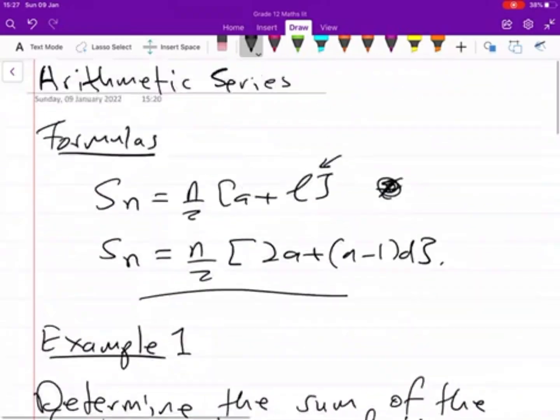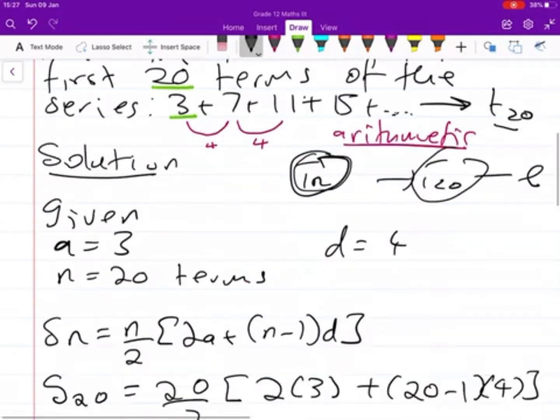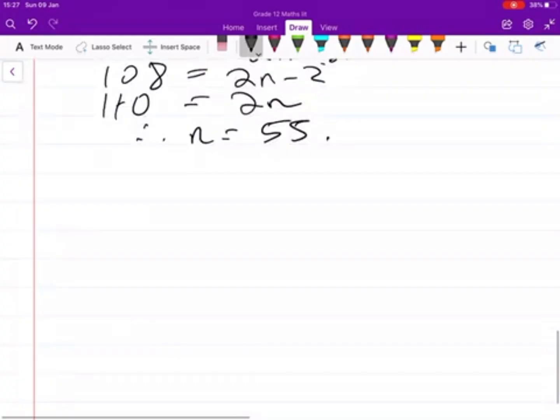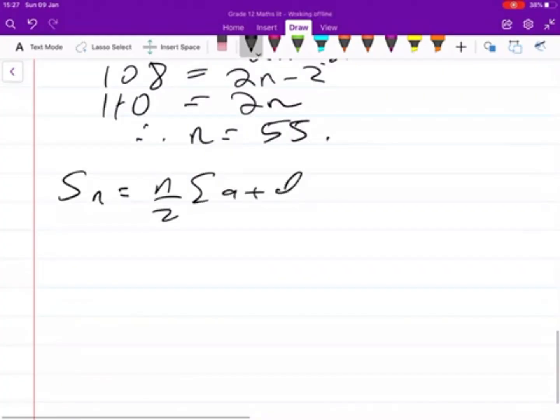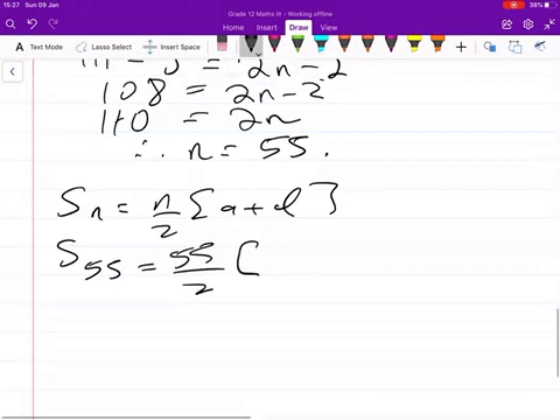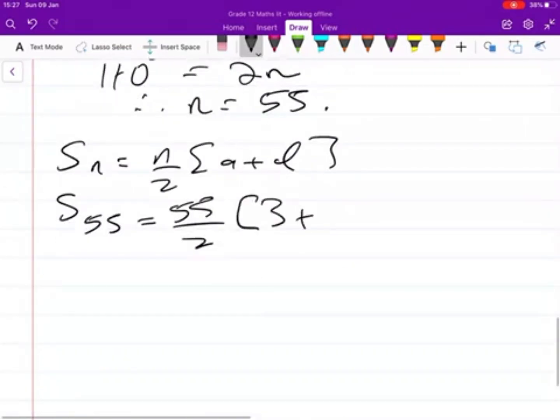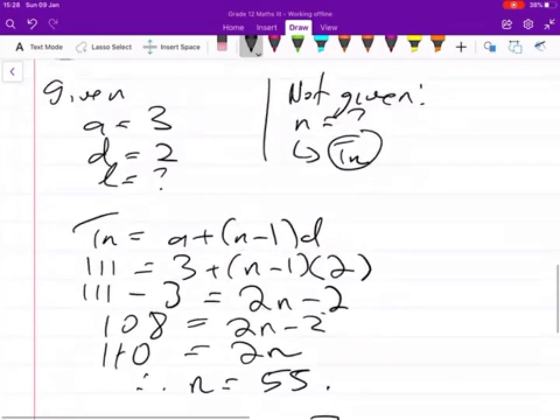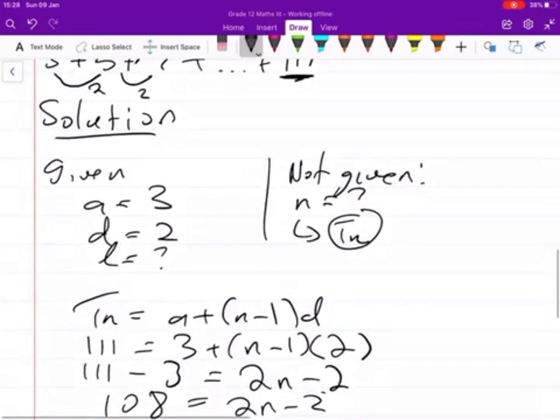The relevant formula to use in this case is this one, because you know the first and the last term. So we will say Sn equals n over 2 times (a plus l). How many terms are here? There are 55, so wherever I see n, I put 55. What is my first term? My first term is 3. What is my last term? My last term is 111.